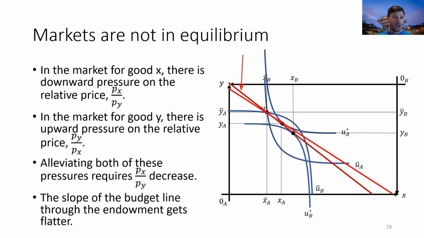And you'll notice when that line gets flatter, A and B will not want to choose the same bundles anymore. In fact, I'm going to argue if we choose the right set of prices, then what is going to happen is the point that A had chosen and the point that B had chosen will move closer to each other.